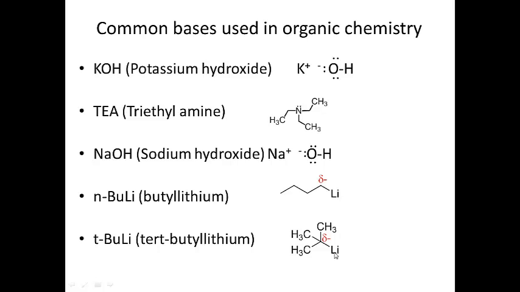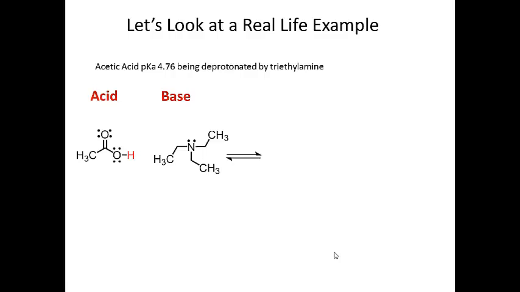So when you see the B with a pair of electrons, the generic B that I just showed you in the previous slide, you can think of any of these bases as B with a pair of electrons and a negative charge. Let's look at a real example here. Here's my acid, here's my base. This is acetic acid.